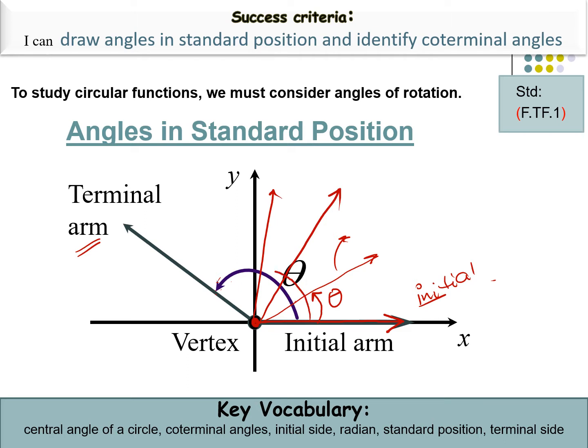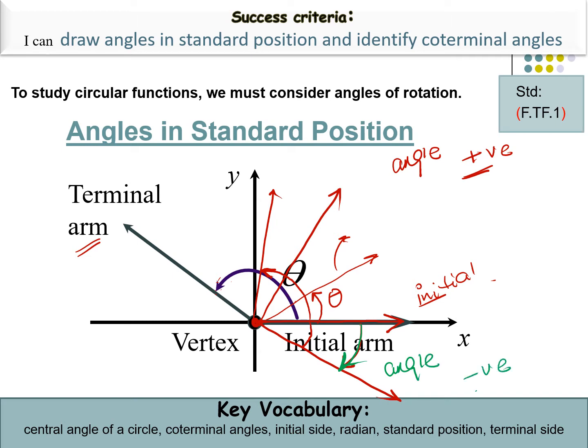If I rotate the other ray in the anti-clockwise direction, then my angle will be positive. But if I rotate the same ray from the initial position in the clockwise direction, this is my direction of rotation, and in that case the angle will be negative.